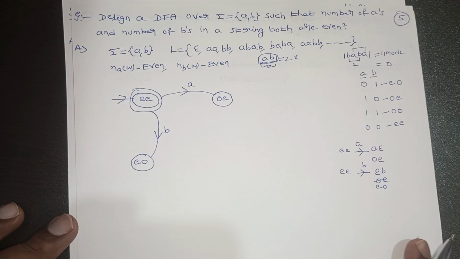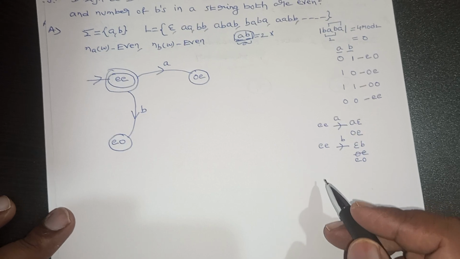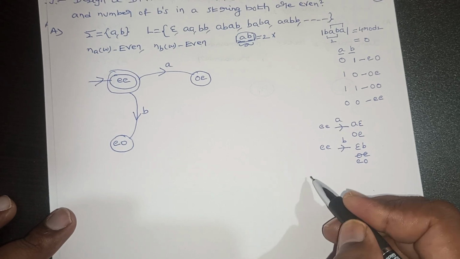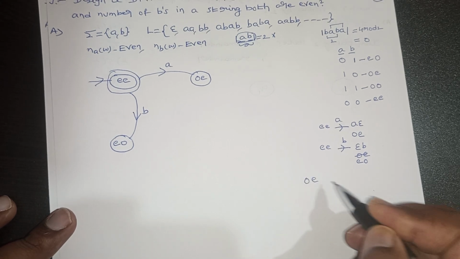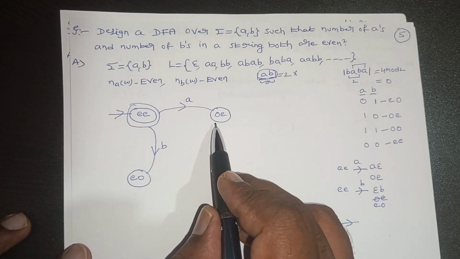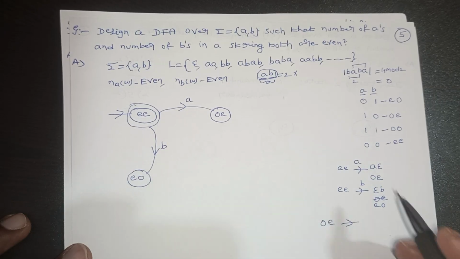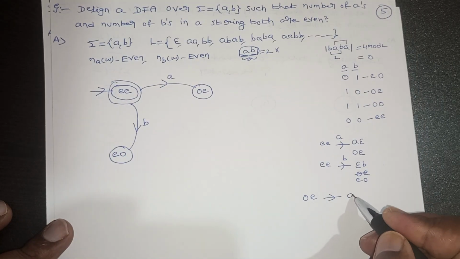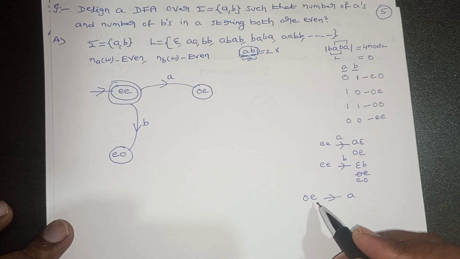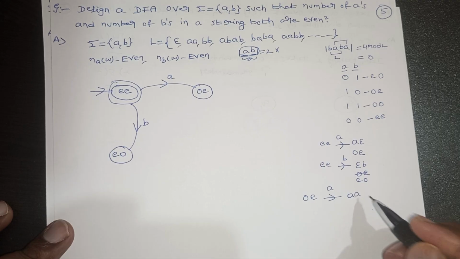Now same procedure. Write OE. Now how do I reach OE from the start state? Through the path A. First write the path A. Now I have to see OE on A. Write A here.